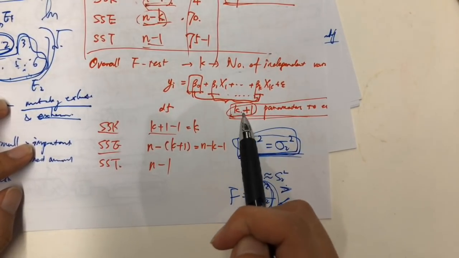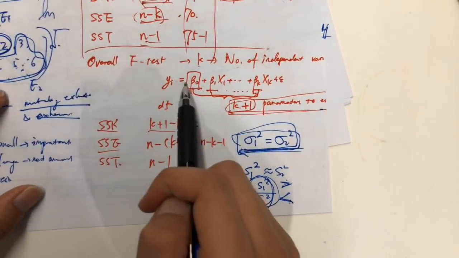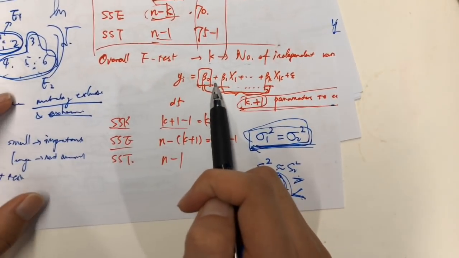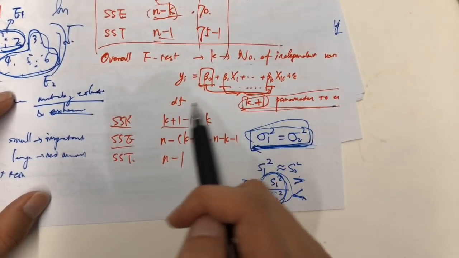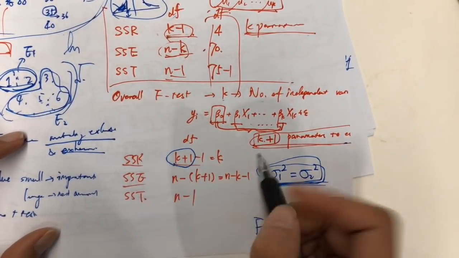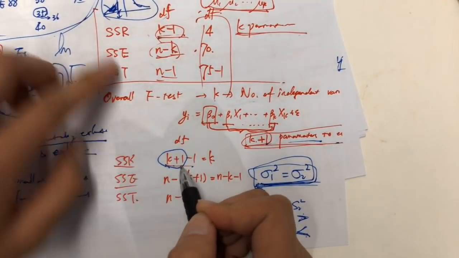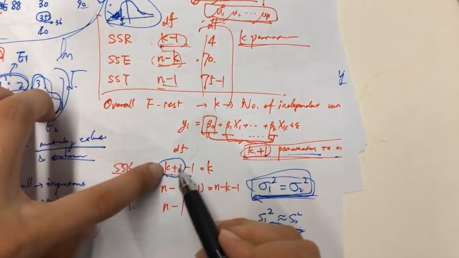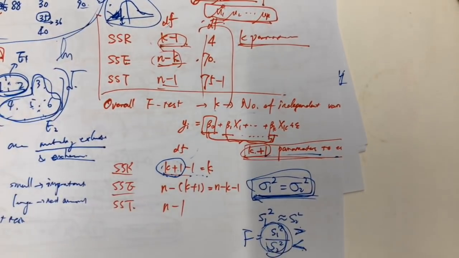But we do have k plus 1 parameters to estimate. So you can see, other than these k betas, we still have a beta 0. That's why our degrees of freedom of SSR becomes, again, the number of parameters to estimate minus 1. So it's k plus 1 minus 1. So it becomes k. Okay?